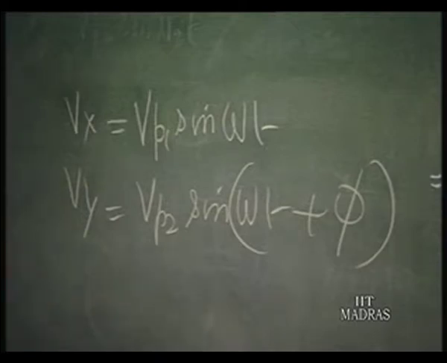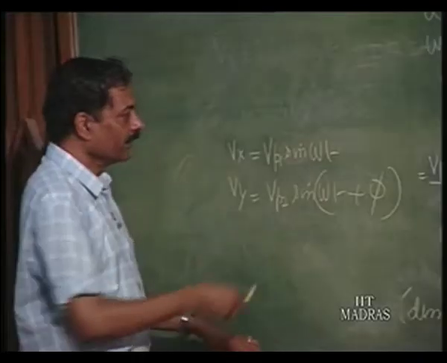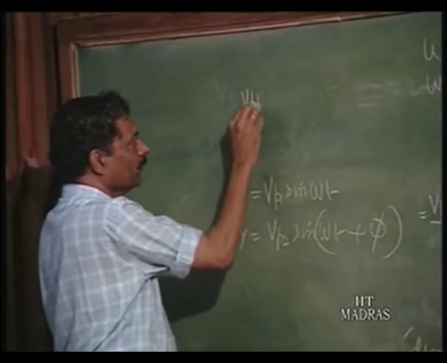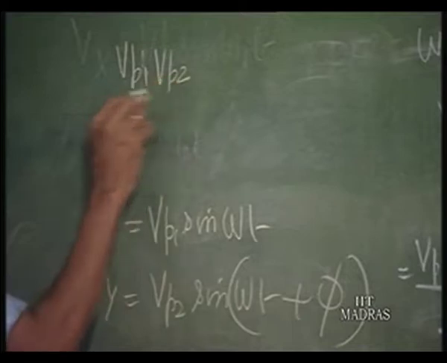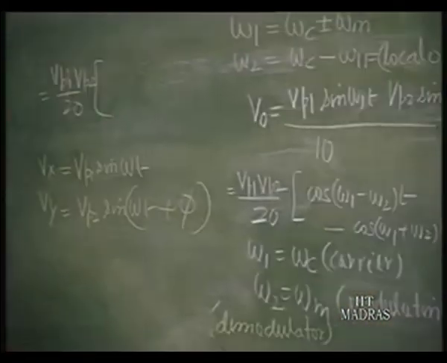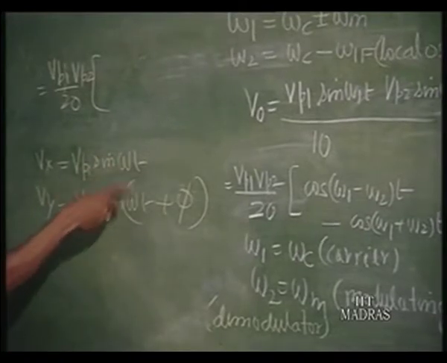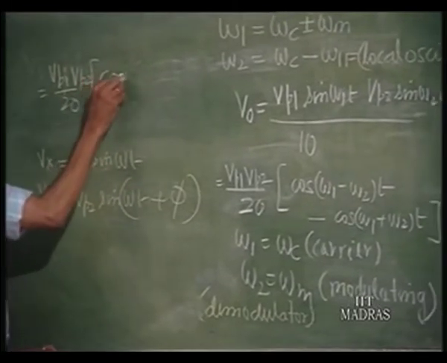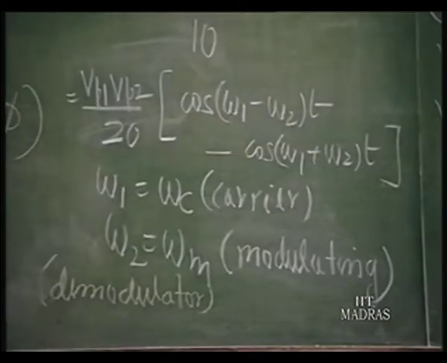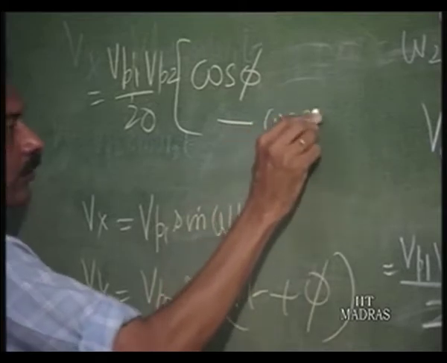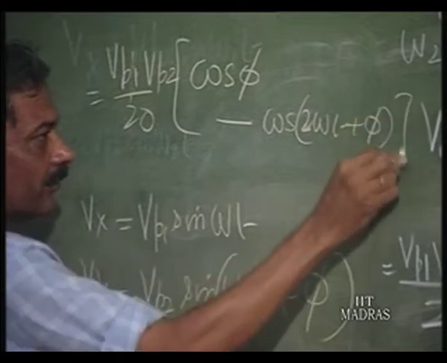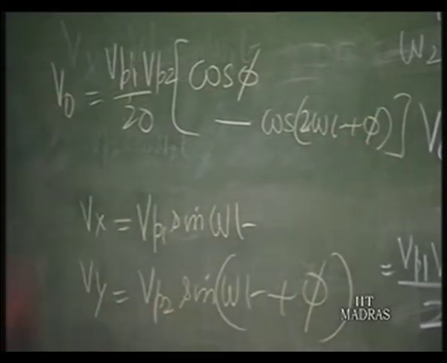If you feed this as the input x and y, what will you get? Again you will get a component which is Vp1 Vp2 by 2 cos of omega 1 minus omega 2, here it is this minus that, that is cos phi, minus this plus this, that means cos of 2 omega t plus phi. This is the output.